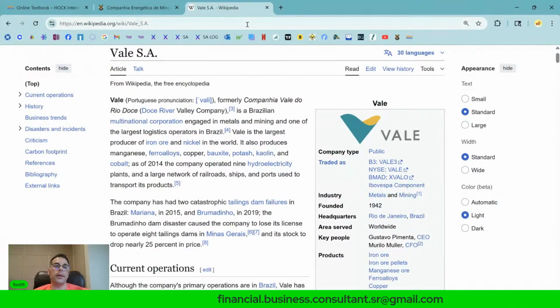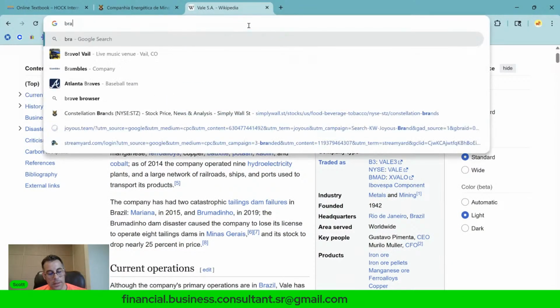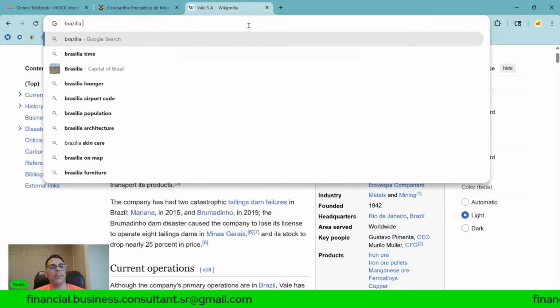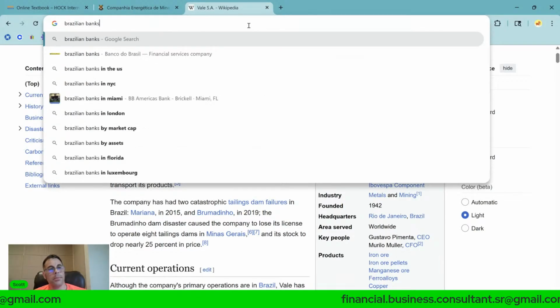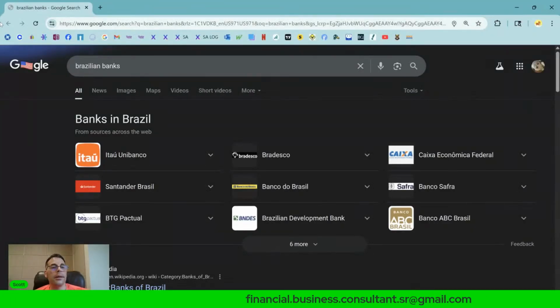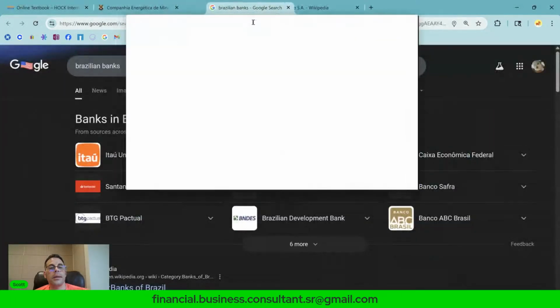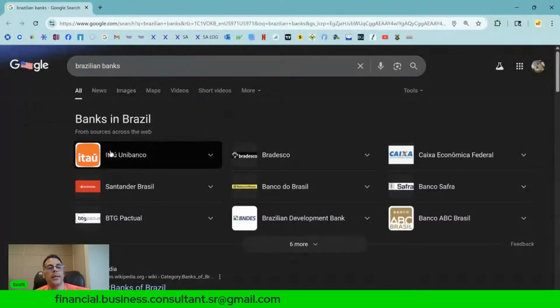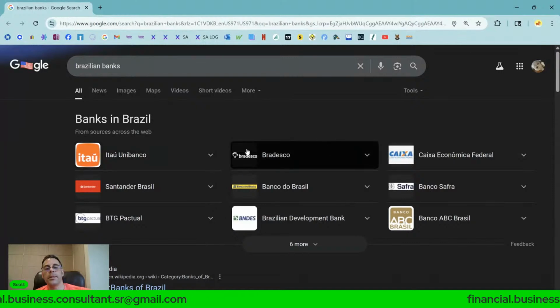Banco do Brasil, we lent to them. Banco Bradesco, Banco Santander, Itaú, Unibanco, Bradesco.